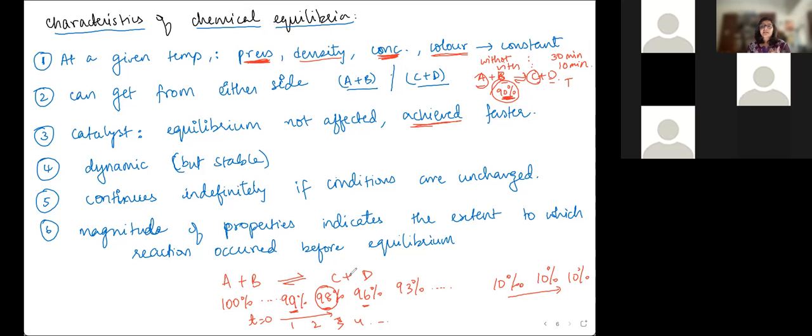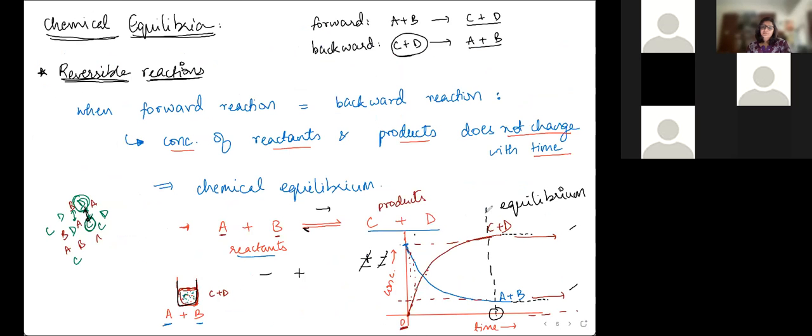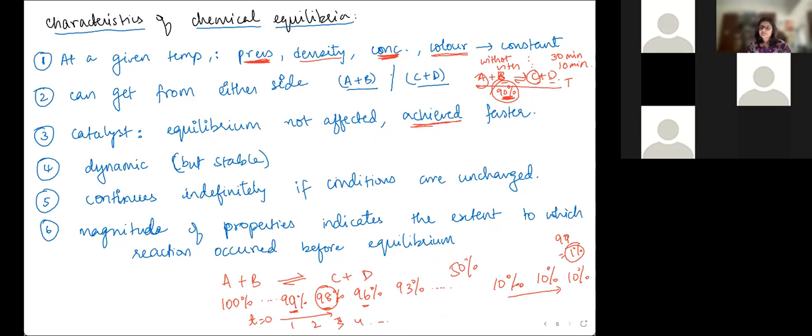It could be at 50% also. It could be after 99% are used up, meaning only 1% of the reactants is left. It can be anywhere. That absolutely depends on which reaction it is. So this particular line can be established over here, over here, or over here. That depends on many different factors.